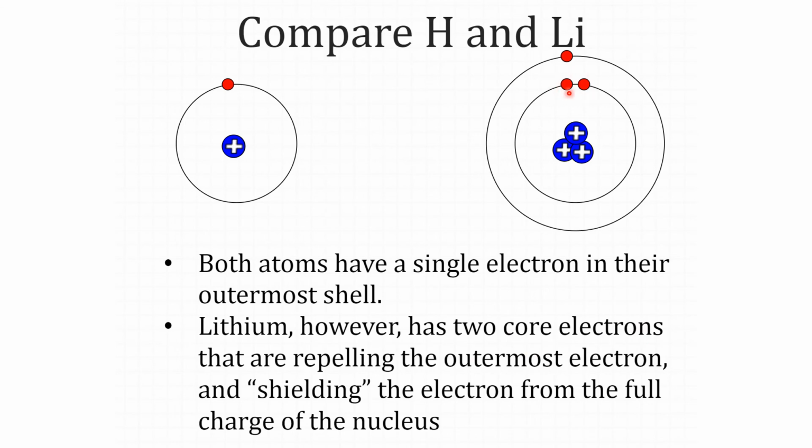These two core electrons repel the outermost electron, or shield it from the nucleus. That is where the term shielding or screening comes from: the attraction which should be there between the outer electron and the protons is reduced because of these two electrons present between them. That is why the nuclear charge varies.